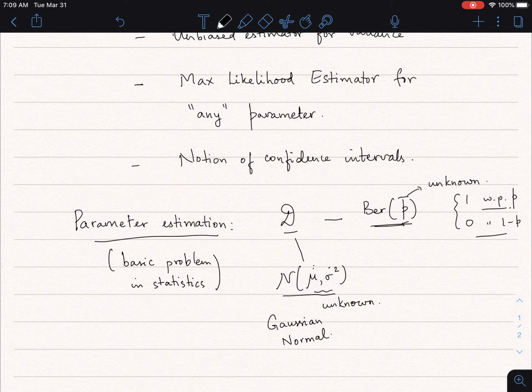And we'd like to find the best fit values for mu and sigma squared, where best fit is in some informal sense. That's the goal of estimation: to find these unknown parameters of the distribution.